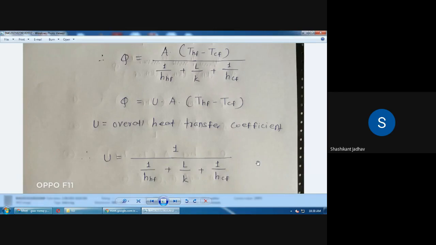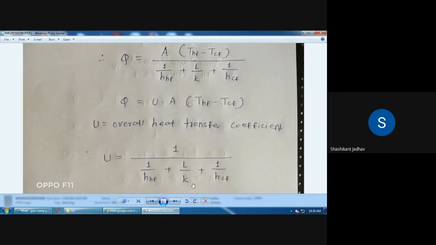So this is the equation for the overall heat transfer coefficient. Now this layer L by K is the thickness of the metal and the thermal conductivity of the metal.